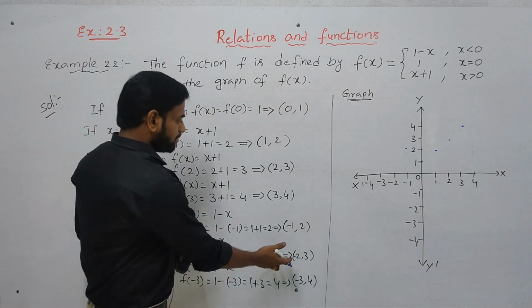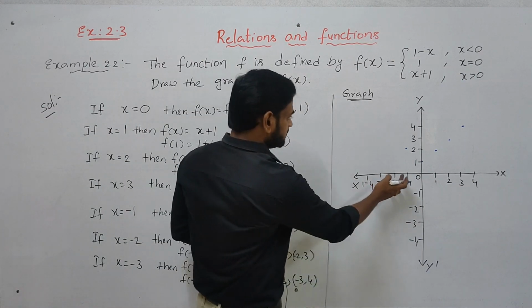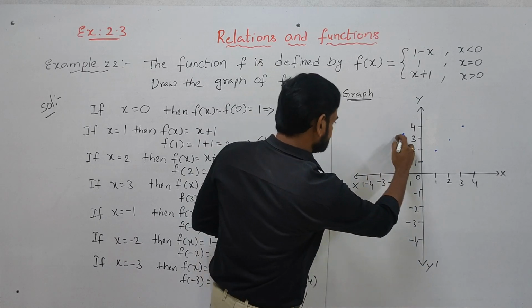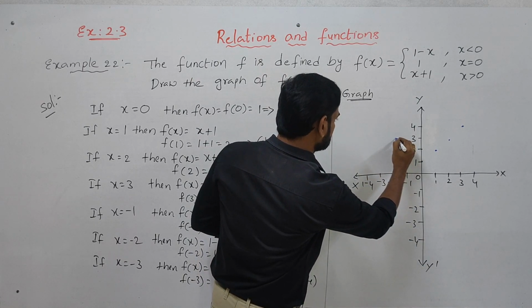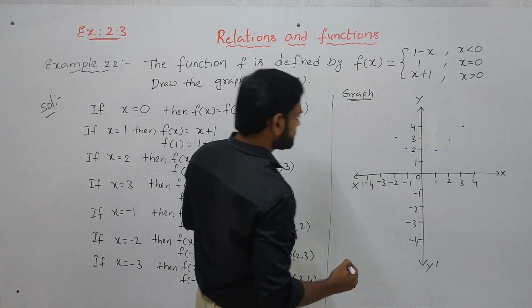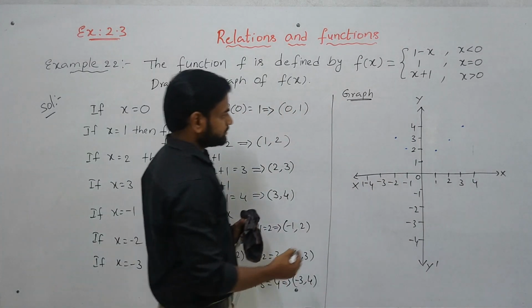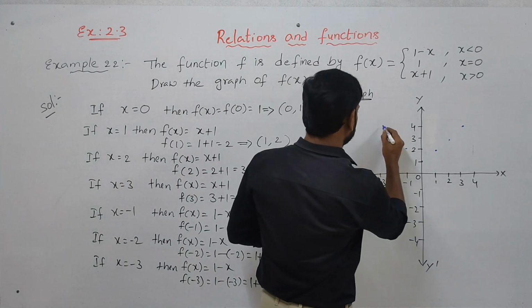Next, minus 2 comma 3. On the x-axis minus 2 here. And on the y-axis 3 is here. So minus 2 comma 3. Next, minus 3 comma 4. So it is the minus 3 and it is plus 4.